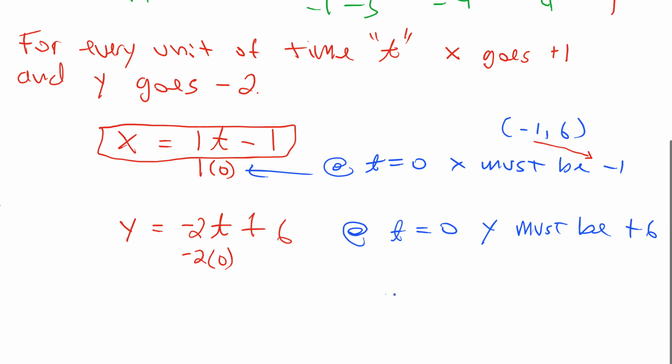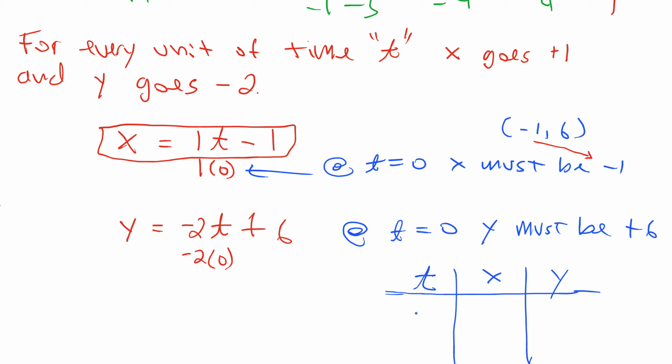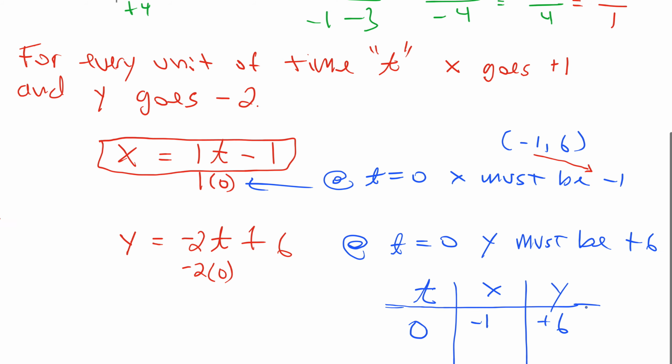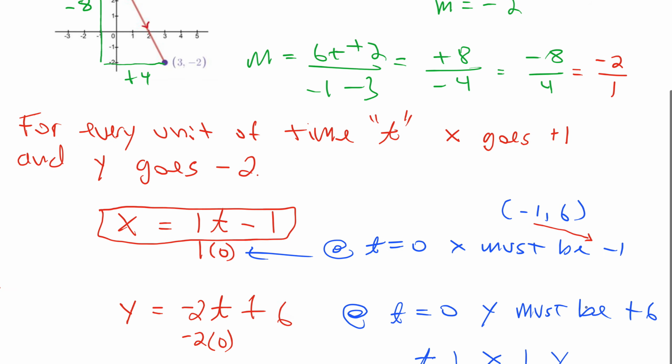Make your little chart right there: time, x, y. At time 0, x is negative 1 and y is positive 6, and that's good, right?